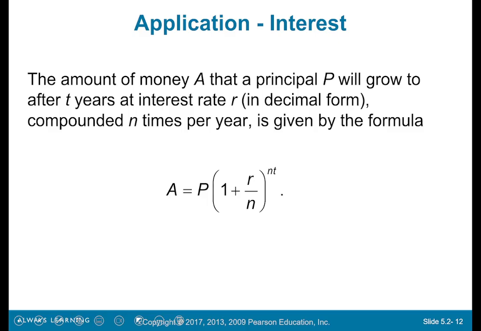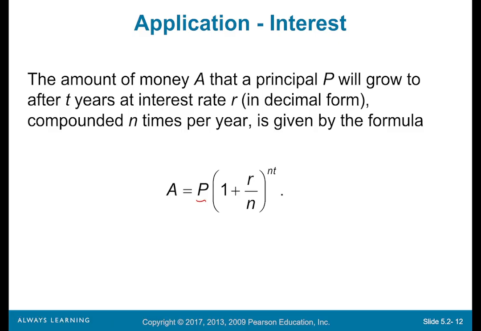If it is quarterly, that would be 4 times a year. You could have bi-weekly, which is going to be 52/2 times a year. We can compound at different times per year, and they'll have to be given in the problem. But once we have all those details, the principal, the rate, and the number of times it is compounded, we can plug in a time and know the value of our account at any time, essentially.